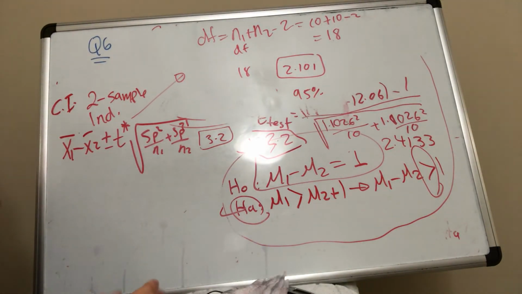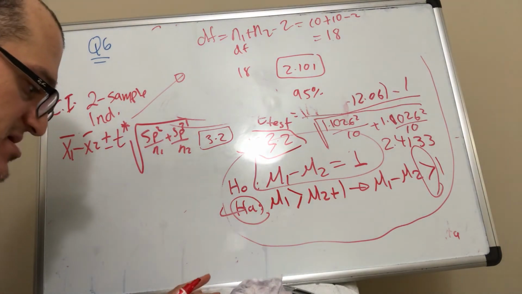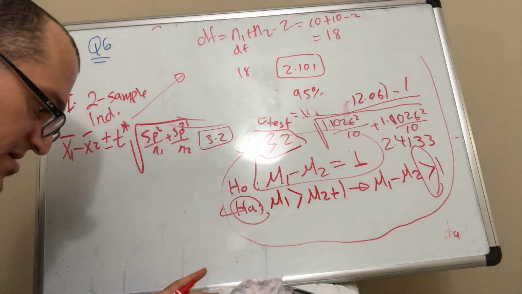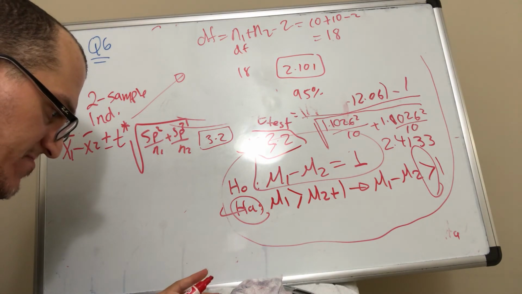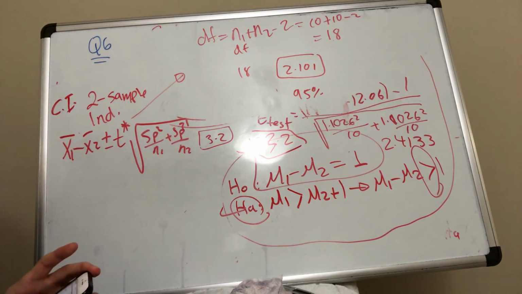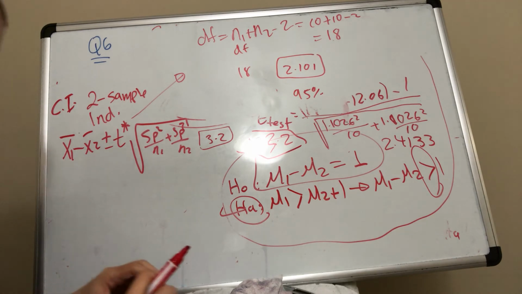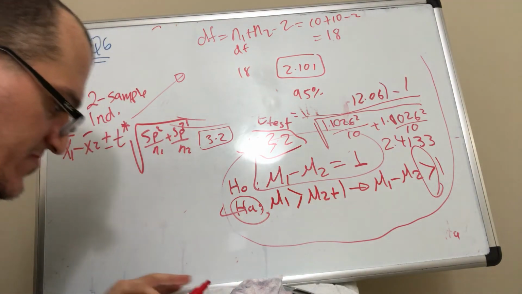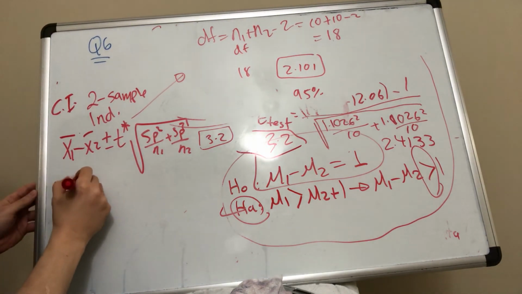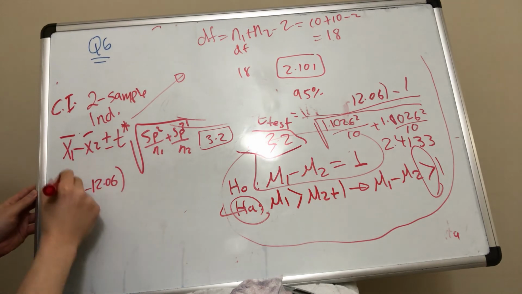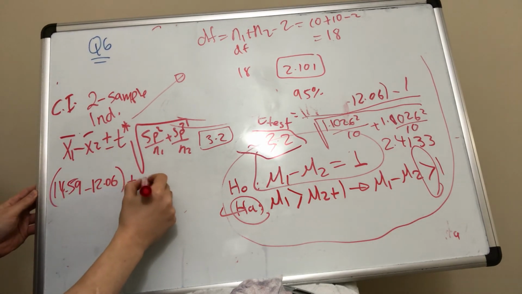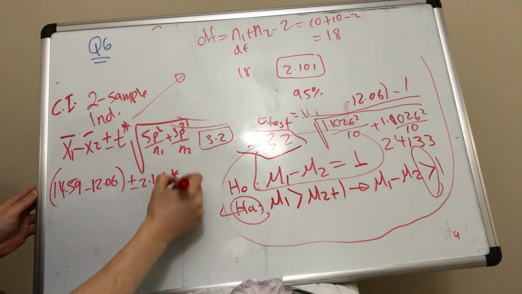You put everything together because you have all the information, so I'm gonna put everything together for the question. Let me just look at the question. Yeah. The average of group 1 is 1459. Average of group 2, 1206. T star is the one we just found.